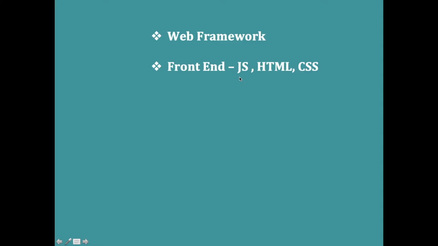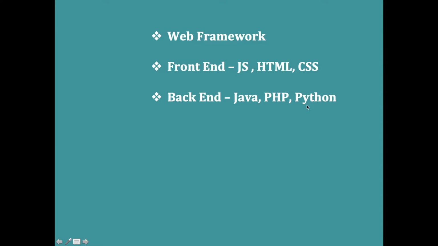So whatever you see on the client computer, that is a result of these three languages, JavaScript, HTML and CSS. Now the back end of the website, the part which runs on the server, can be coded either in Java or PHP or Python. Okay, either of these three, not all of them.